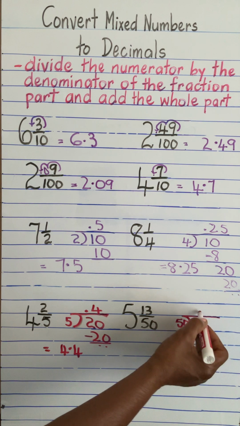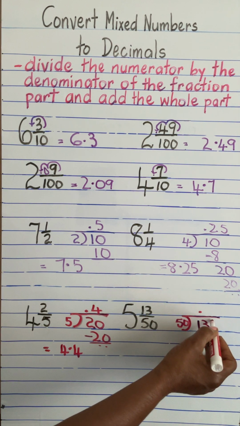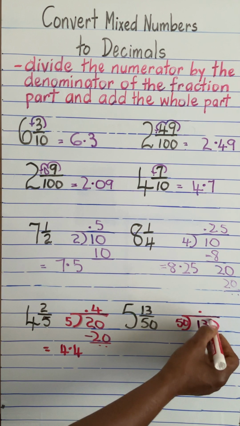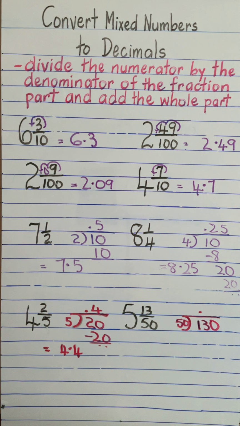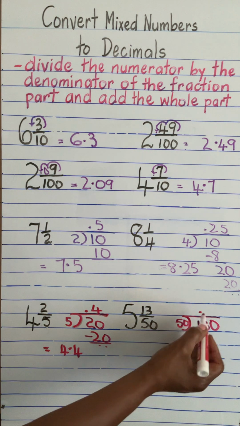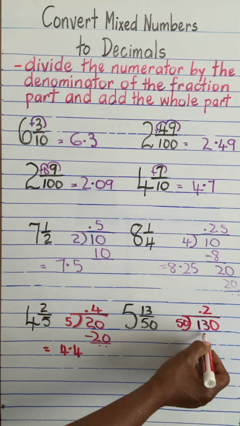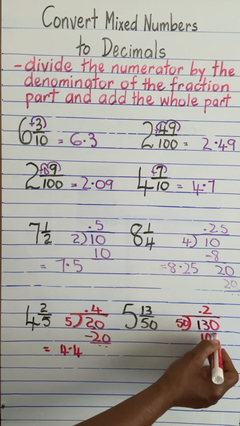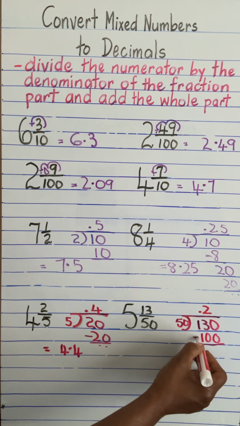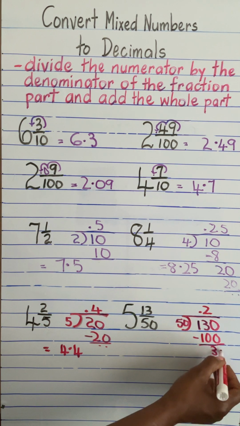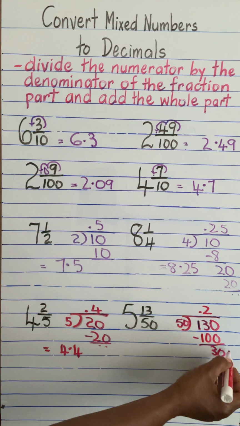No time, so you put a point and you add a 0. How many times can 50 go into 130? 2 times. Multiply, we get 100. Subtract, 30, and we continue adding zeros.